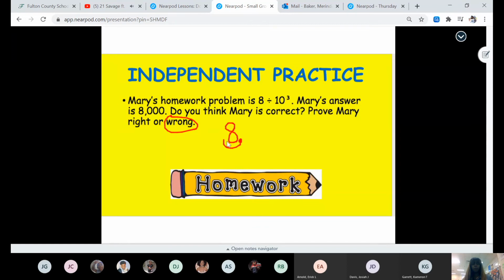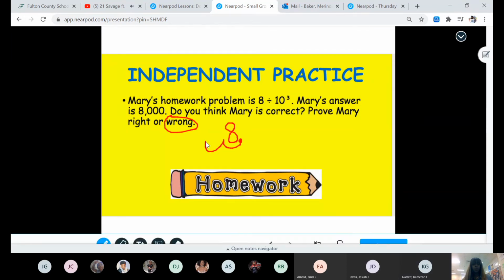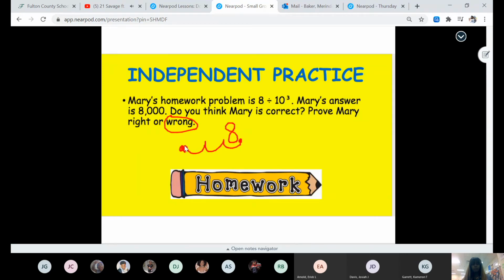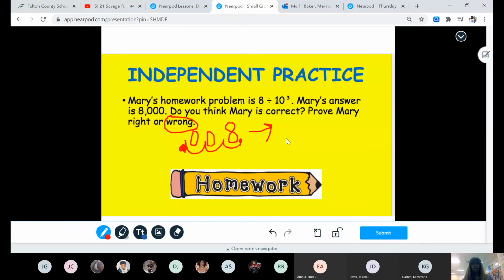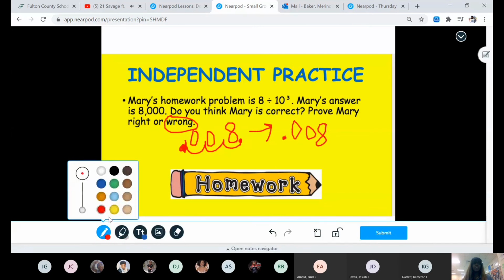Good job. So I'm going to move it 1, 2, 3 times. Now my decimal is in the front, but I'm not done because I still have to fill these spaces in with zeros. And now I'm going to rewrite my new answer so that I'm not confused. So we have decimal 0, 0, 8. So really, Mary's answer should have been 8 thousandths.